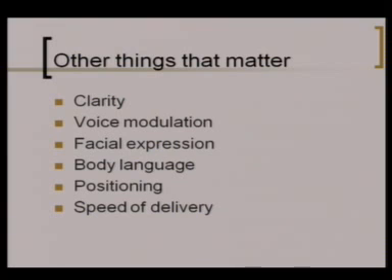Use voice modulation according to the topic and situation. Maybe whisper, maybe quickly, maybe slow, depending upon the context, what you are saying. Your facial expression, your eyes. You make eye contact with the listener. The position of your head. The tilt of the head.